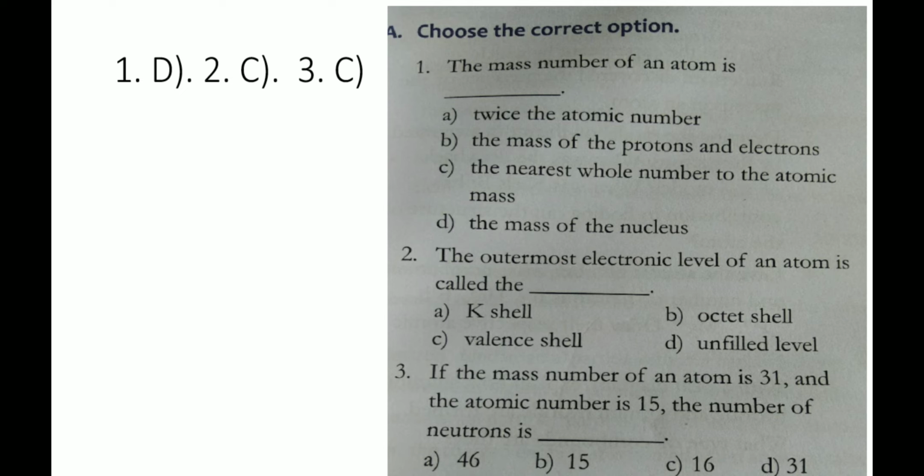Third one, if the mass number of an atom is 31 and the atomic number is 15, the number of neutrons is option C, that is 16. Since we know that the number of neutrons is the subtraction of the atomic number from the mass number.